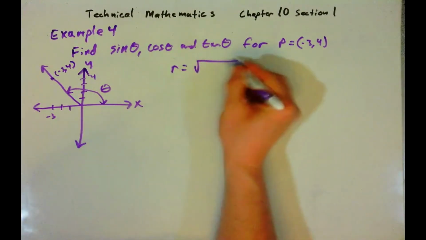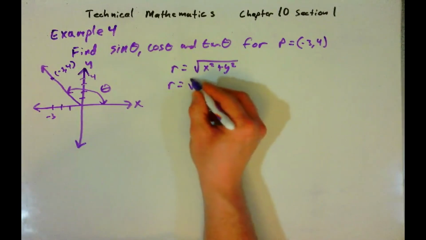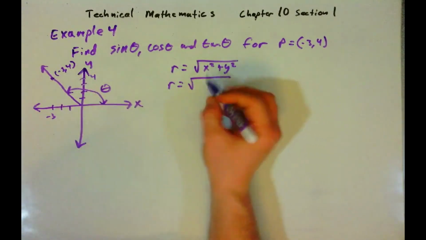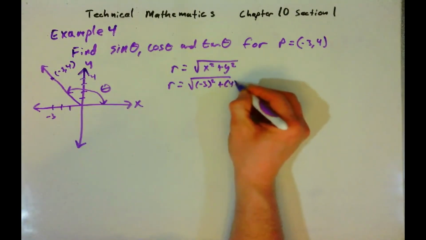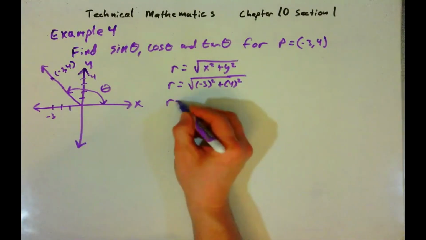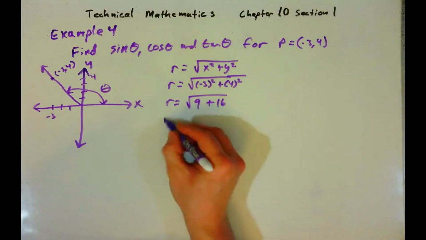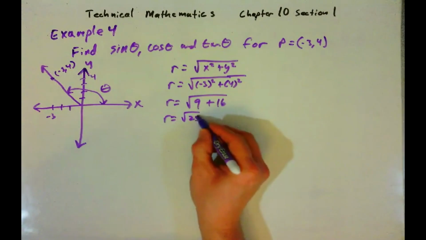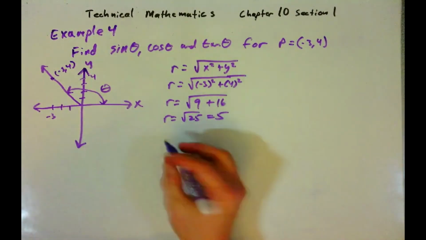The hypotenuse will be the square root of x squared plus y squared, which is the square root of -3 squared in parentheses plus 4 squared. So r is equal to the square root of 9 plus 16, which is the square root of 25, which is 5. So the value of r is 5.